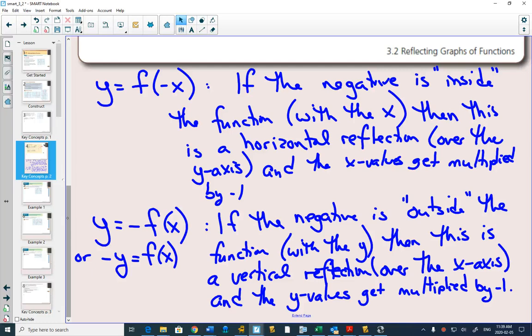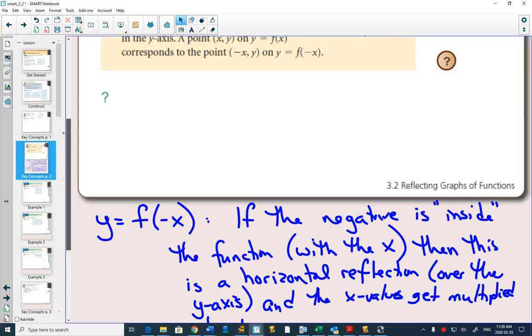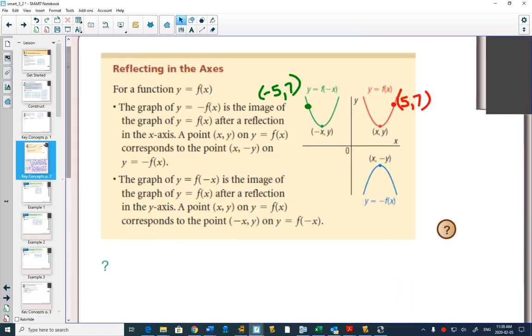Everything that's horizontal affects your x coordinates. So if we go back up, and I'll scroll back down again, what's going to happen to (5, 7)? If I flip that over the x-axis, my x-coordinate doesn't change, but now my y-coordinate becomes -7. And all that's happened is I've taken that y-coordinate and multiplied it by a negative.